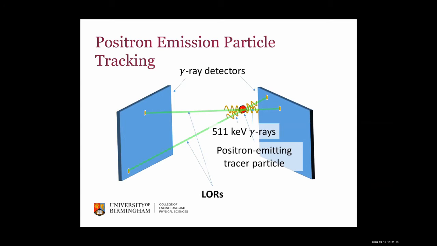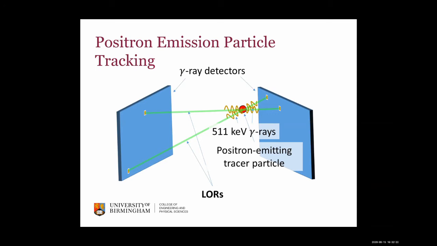If we connect those 2 points in the detector, then it is a first line. And if this tracer emits another 2 opposite gamma rays, then there will be another 2 locations detected in the detectors. If we connect those 2, then it will be another line.